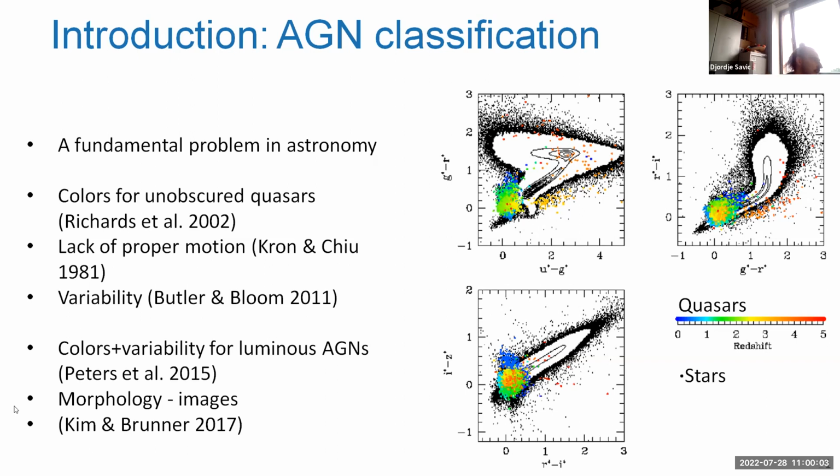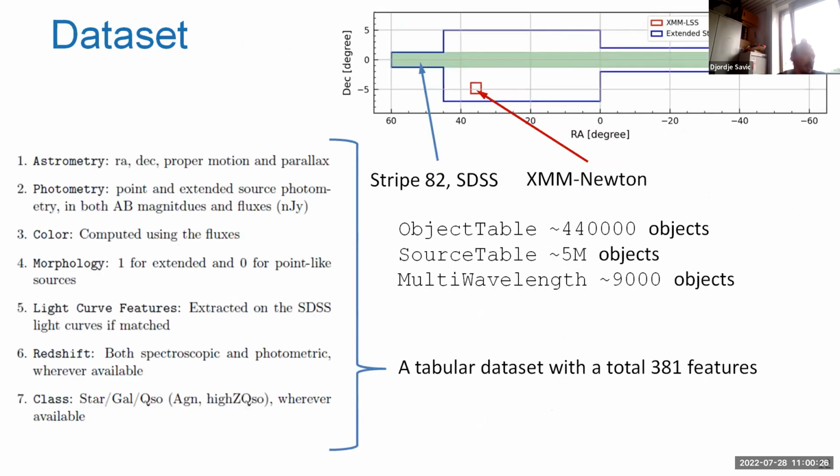So, for example, colors plus variability for luminous AGNs have shown promise, and also recently images have been added to the classification, particularly for training convolutional neural networks that would decide based on morphology. So that's what we are going to do here.